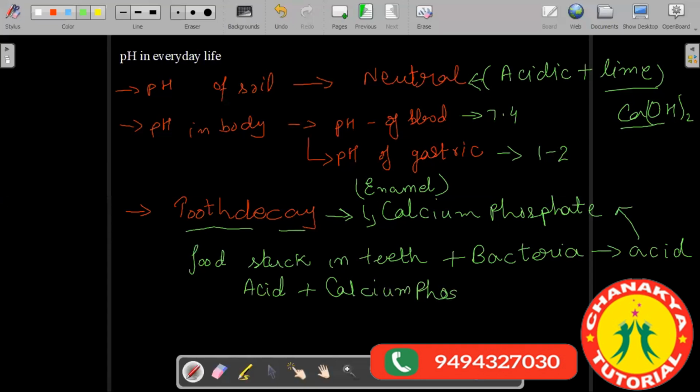Some parts of the calcium phosphate react with this acid, leaving the surface. So it will cause the corrosion of the surface. This will corrode the teeth surface.